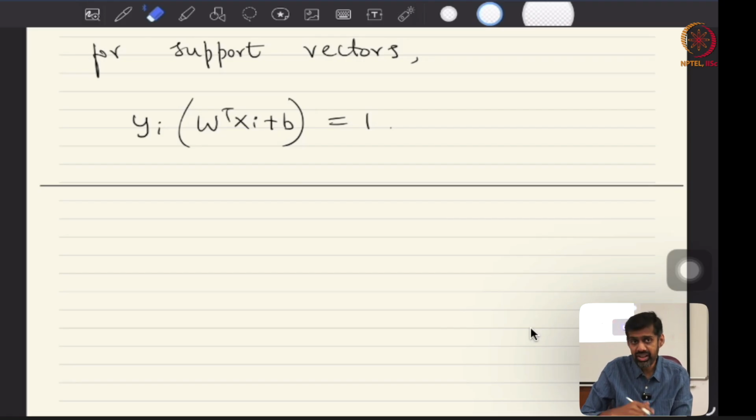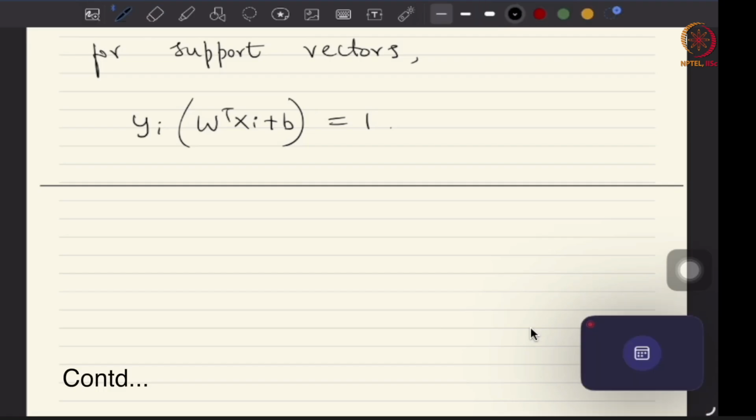If we can solve for both these cases, then we solve the most general case, because data need not be linearly separable and the decision boundary can be of any form, it need not be linear. So let's take one thing at a time. Let us look at the case where the data is not linearly separable, SVM. We will stop here and continue in the next lecture.